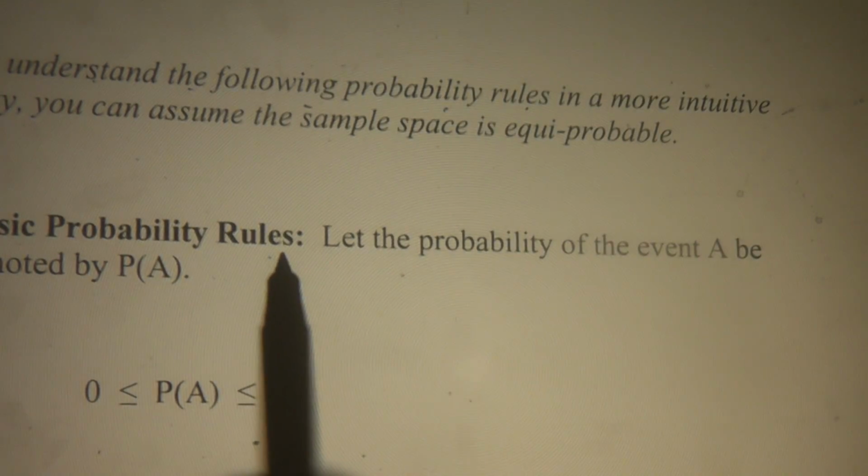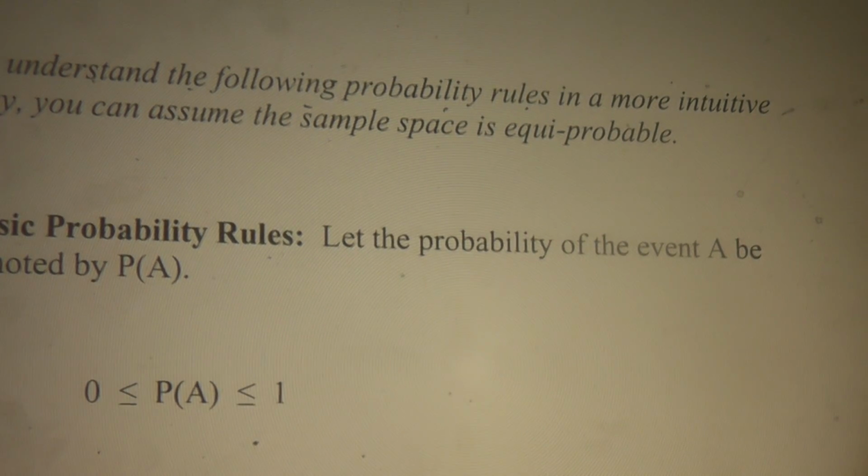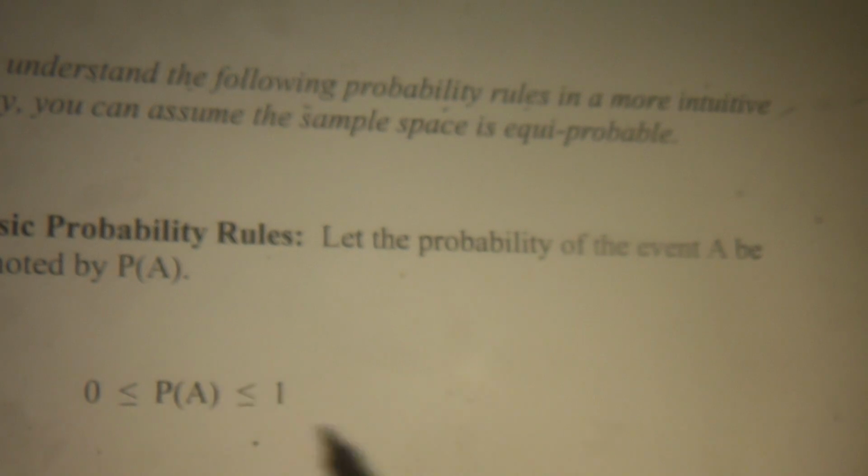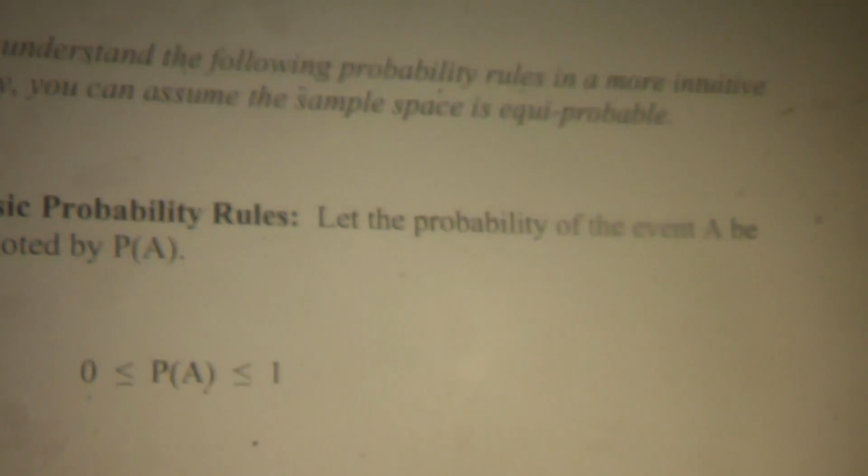Basic probability rules. Okay? Now, rule number one. Probability of A is between 0 and 1. How can we see this probability rule in an intuitive way? Well, let me draw you a Venn diagram. Okay?